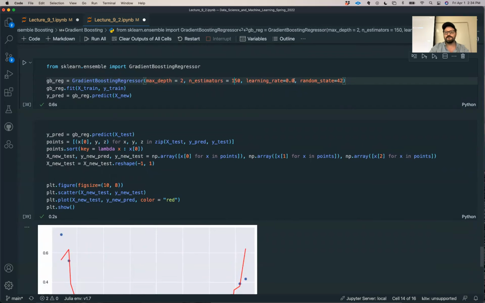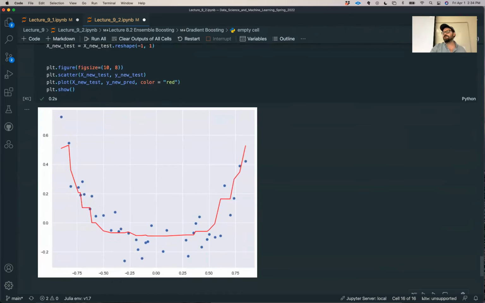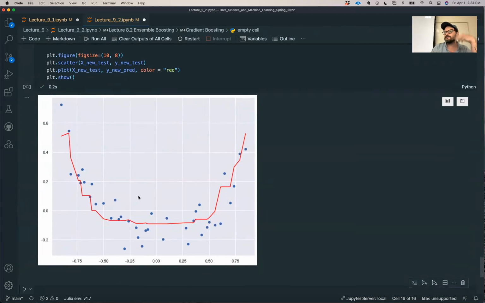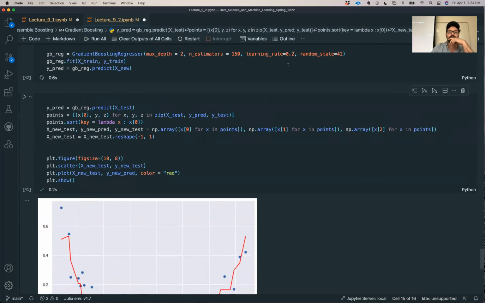I'll go to 150 again. The learning rate was 0.02. Train again. Better. Without even looking at the mean squared error, I can just visualize and see that's better. I'm a big proponent of visualization with these things. It gives me an intuitive sense of what's happening. Maybe if I increase the learning rate, let's see what happens.